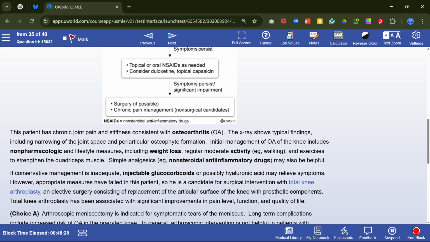However, appropriate measures have failed in this patient, so he is a candidate for surgical intervention with total knee arthroplasty, an elective surgery consisting of replacement of the articular surface of the knee with prosthetic components. Total knee arthroplasty has been associated with significant improvement in pain level, function, and quality of life.